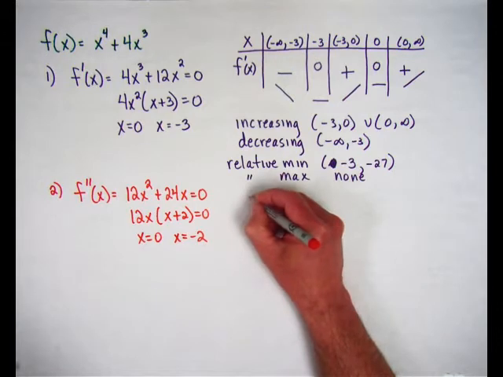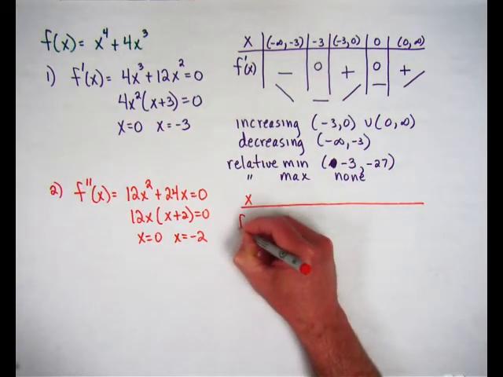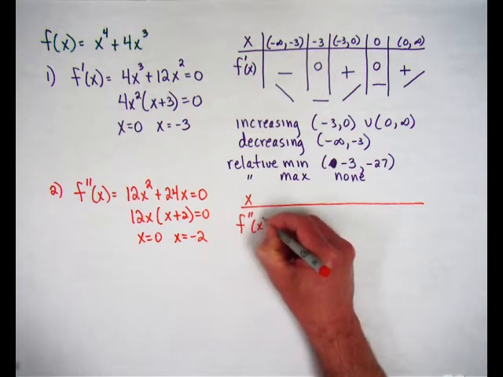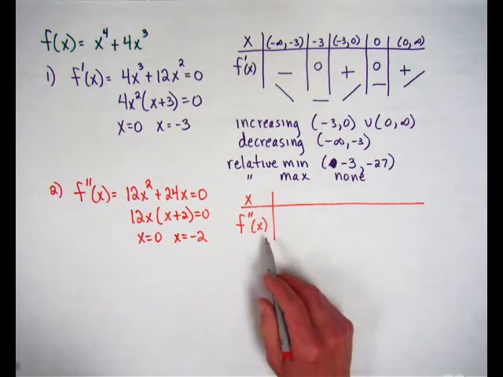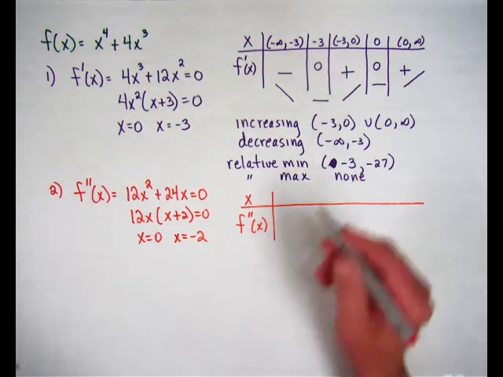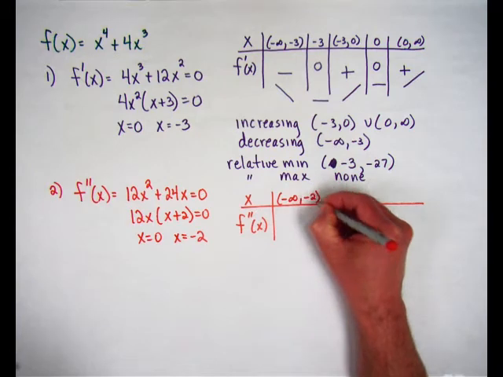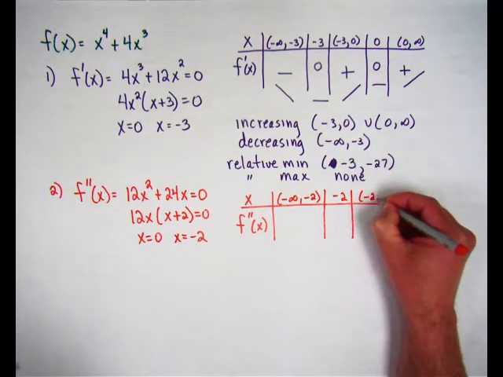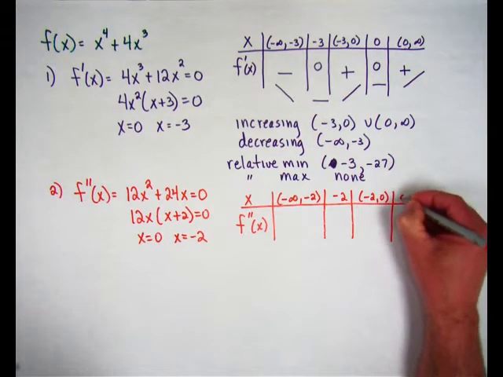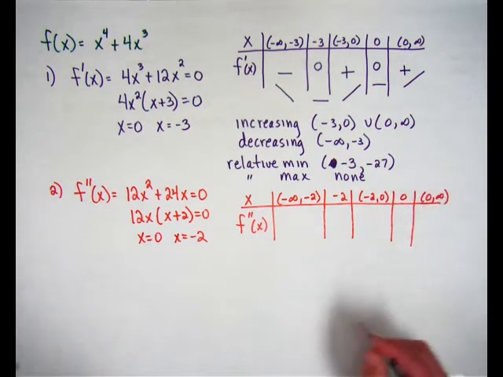We now perform the exact test we performed with the first derivative, except this time we perform it on the second derivative. And just a point of note here, this is not called the second derivative test, this is called the concavity test. It would be negative infinity to negative 2, negative 2, negative 2 to 0, 0, and 0 to infinity.